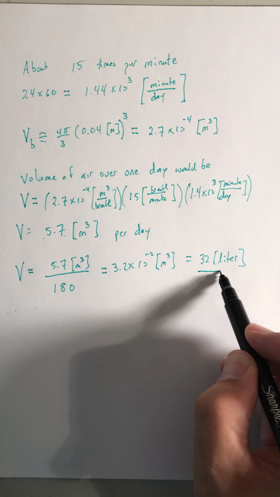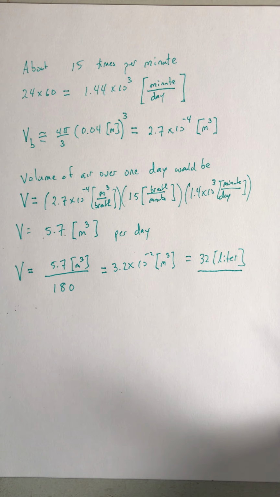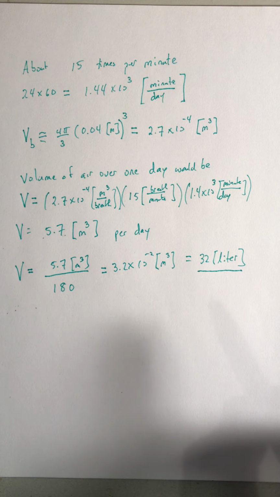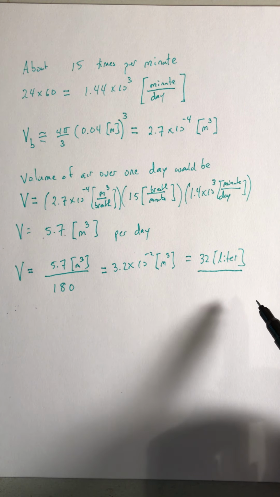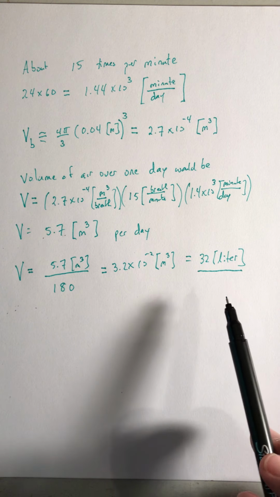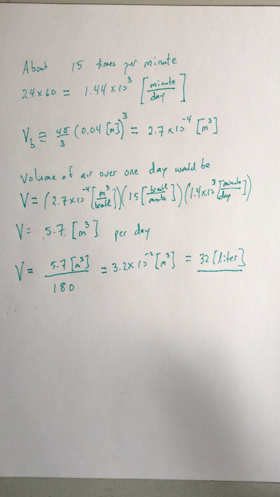So this 32 liter number for the volume under a pressure of 180 atmospheres isn't too crazy of an answer. It seems like it's reasonable and within about 10% of what it would actually be. So just a little way to check your answer after you have something figured out and written down.